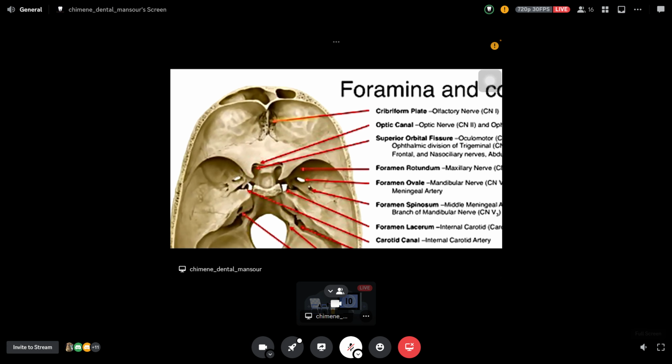Basically, you can see quite here the crista galli. We are in a more posterior part than the previous view that we were supposed to see.